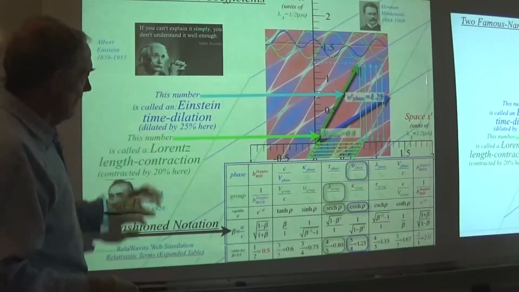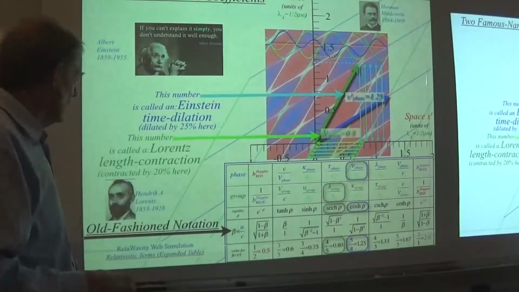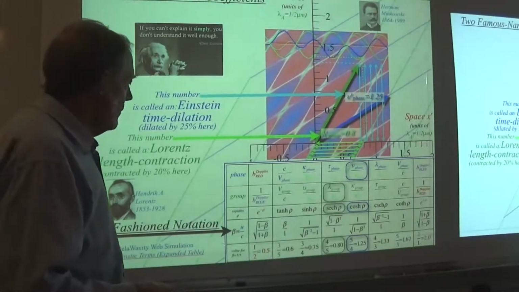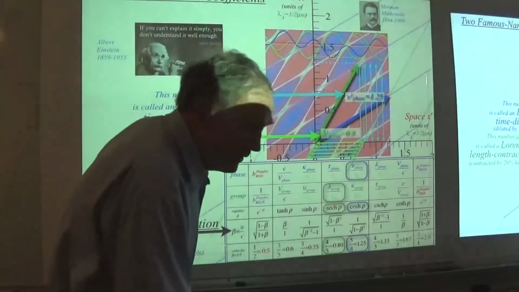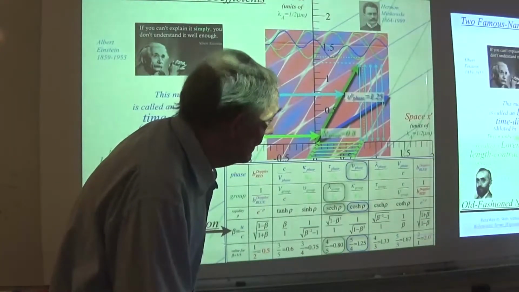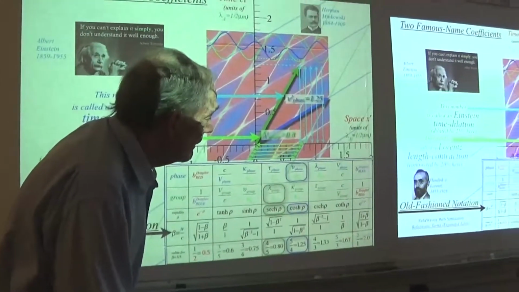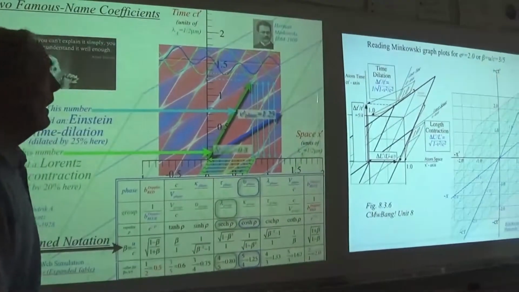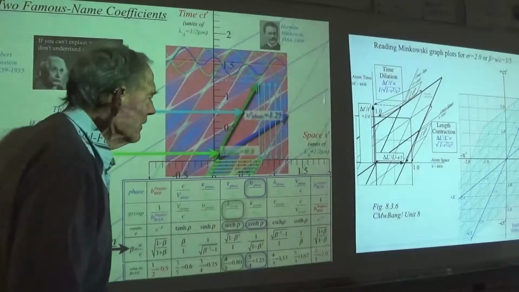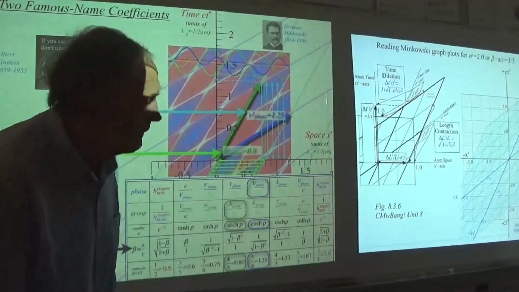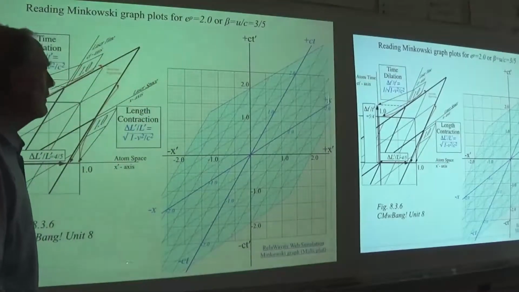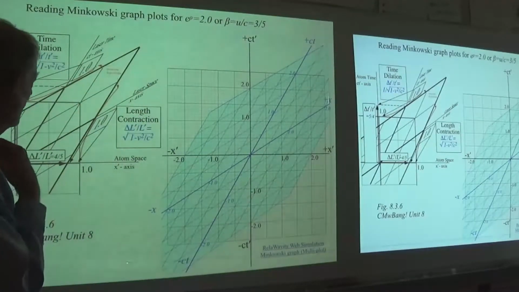And Einstein had a much better idea of what it means. So let's go ahead on this one. I want to talk about that Lorentz effect, the effect of foreshortening distances.